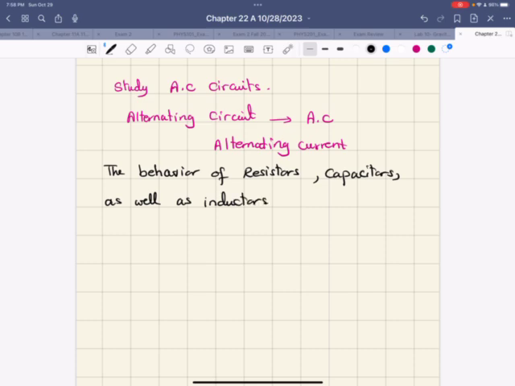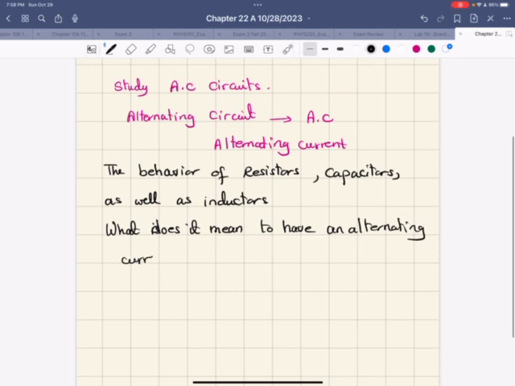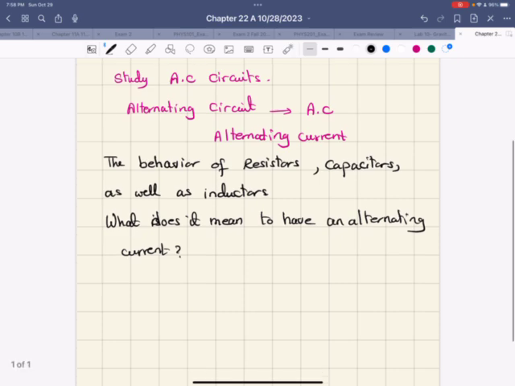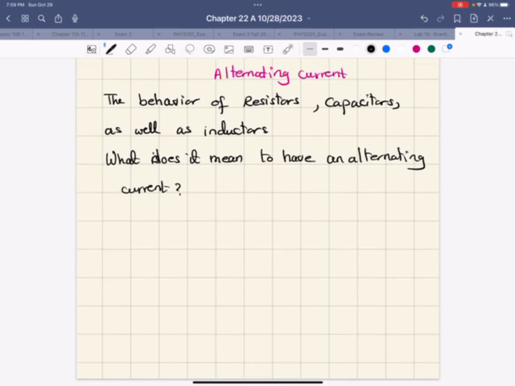Now, the first thing we want to say is: what does it mean to have an alternating current? The AC means that the current is going to change in magnitude and direction as a sine or a cosine wave.